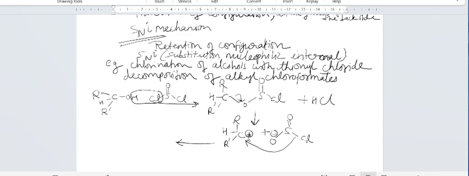Chlorine gets attached to C plus, a C-Cl bond is formed, and SO2 is produced.